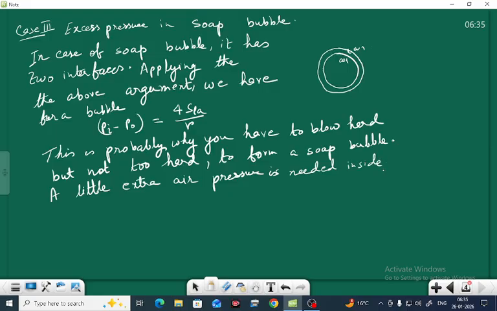So we have dealt with three cases. One is liquid drop. Suppose this is a liquid drop, so we are getting a liquid air interface. And we have also taken a bubble in water, suppose bubble in liquid.